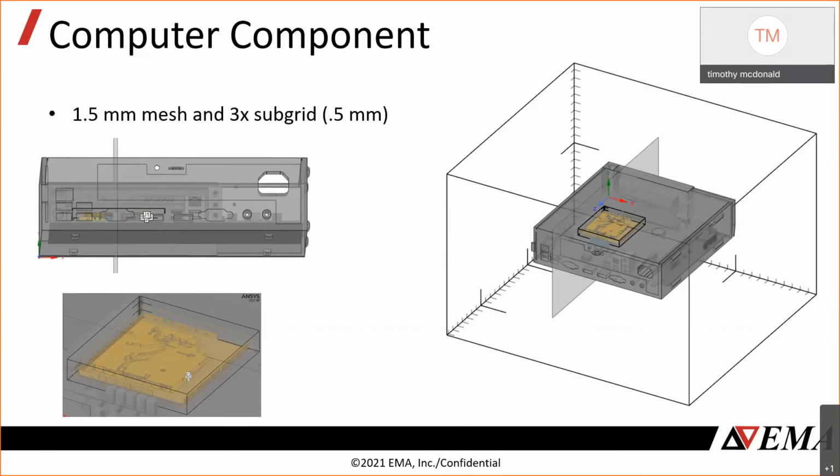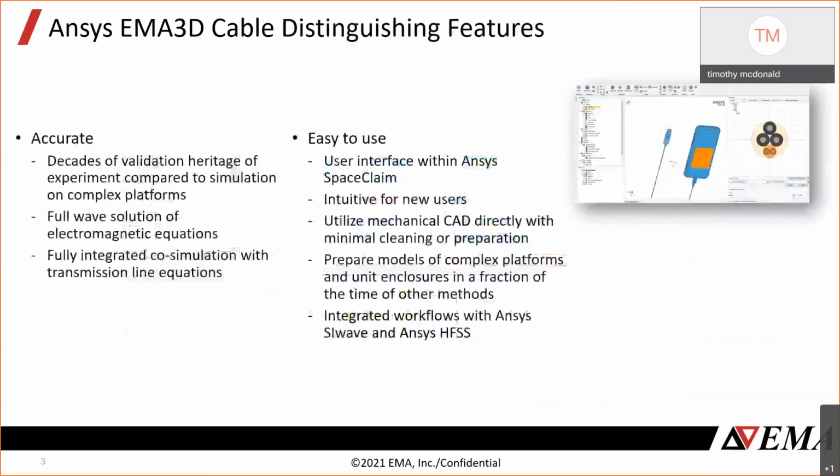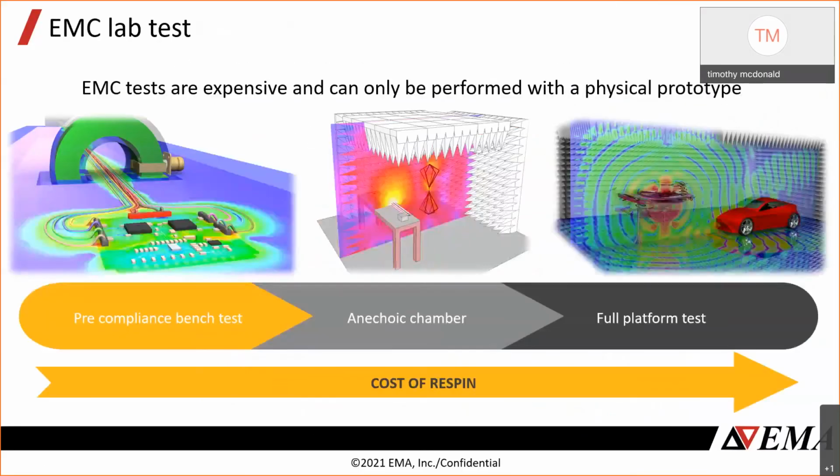All right, and our last question is, my method of compliance is test. Why would I want to do simulation? Yeah, that's a fair question. As we mentioned in the beginning, often our full unit test or our full platform test is our method of certification.